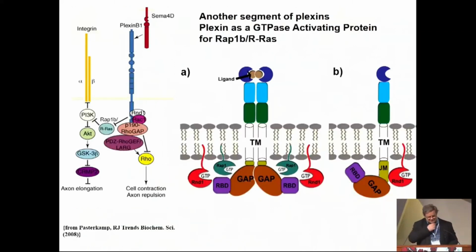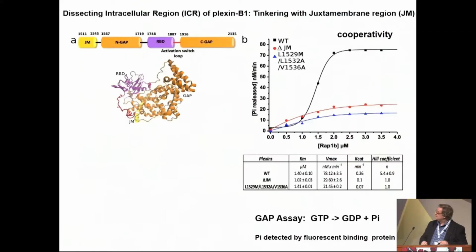I want to tell one short story about the other part of the plexin intracellular region here, the GTPase activating protein, which has the RAP1 RAS protein as a substrate. And we noticed that when we do an activity assay here, the GTPase activating protein helps the GTPase to hydrolyze the GTP to GDP and phosphate here.